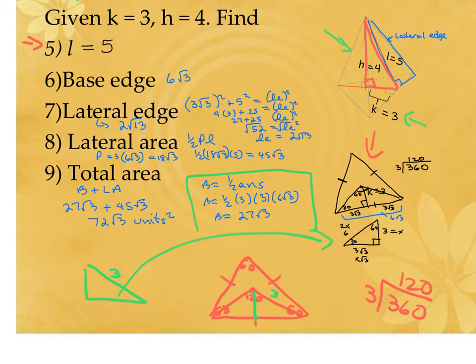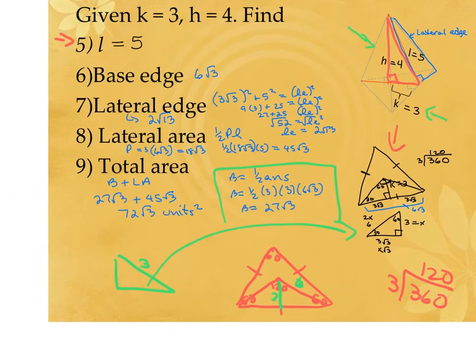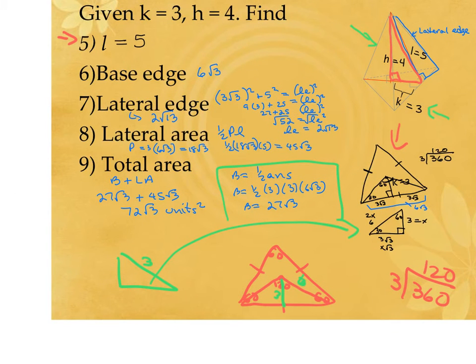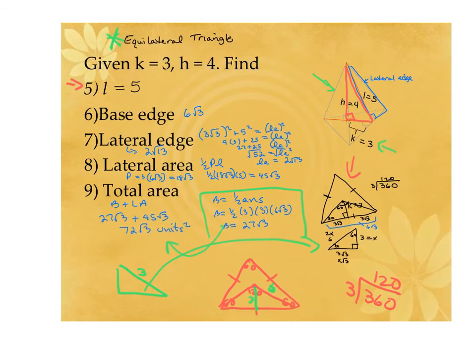So 1/2 the apothem. Actually, the apothem's 3. This was 6. And then 6 root 3. And then the base area is 27 square root 3. And then from there, you could put it in to get the rest. This one was a bit challenging. Let's try the next one.